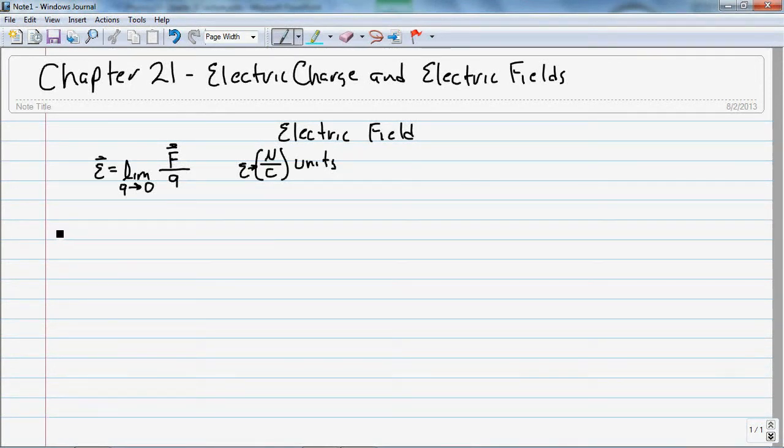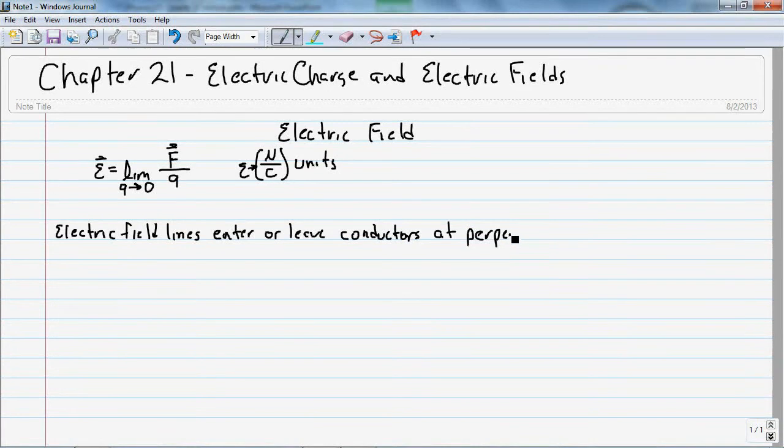And our convention is that electric field lines, those are the little vectors, enter or leave conductors at perpendicular angles to the surface.